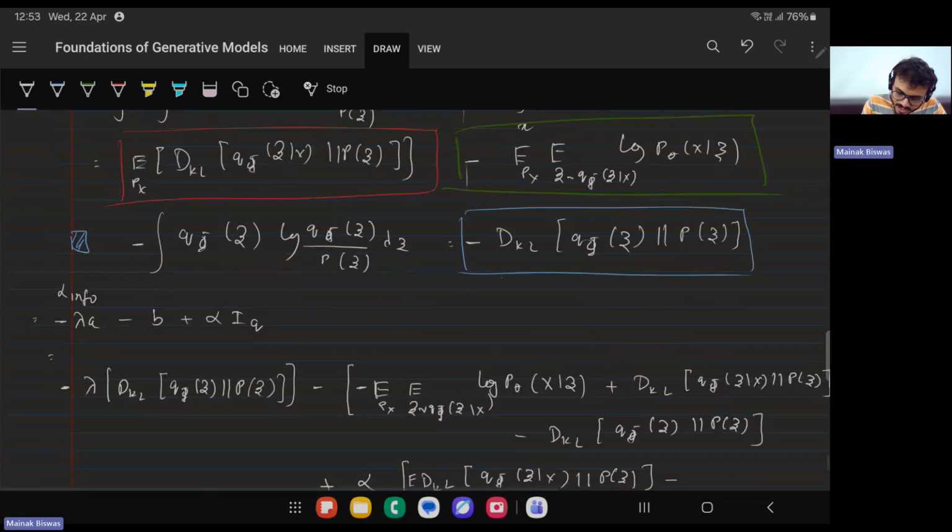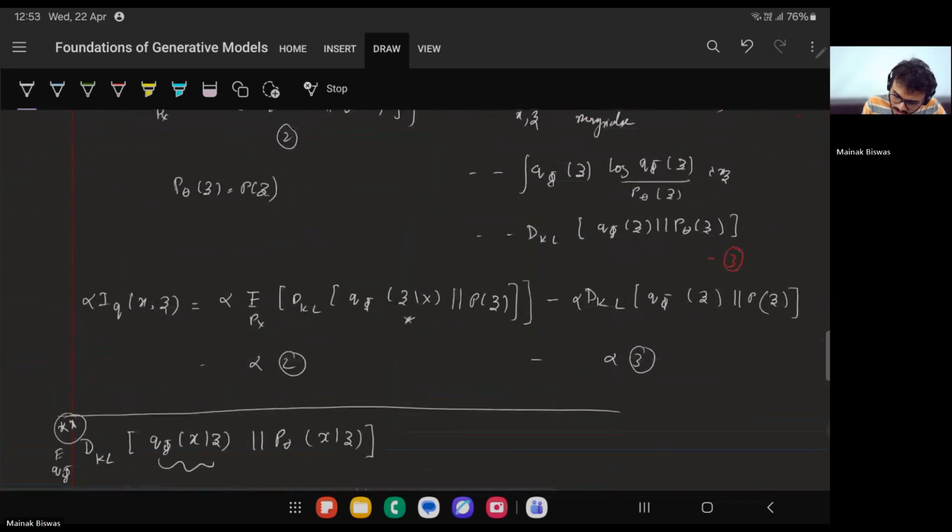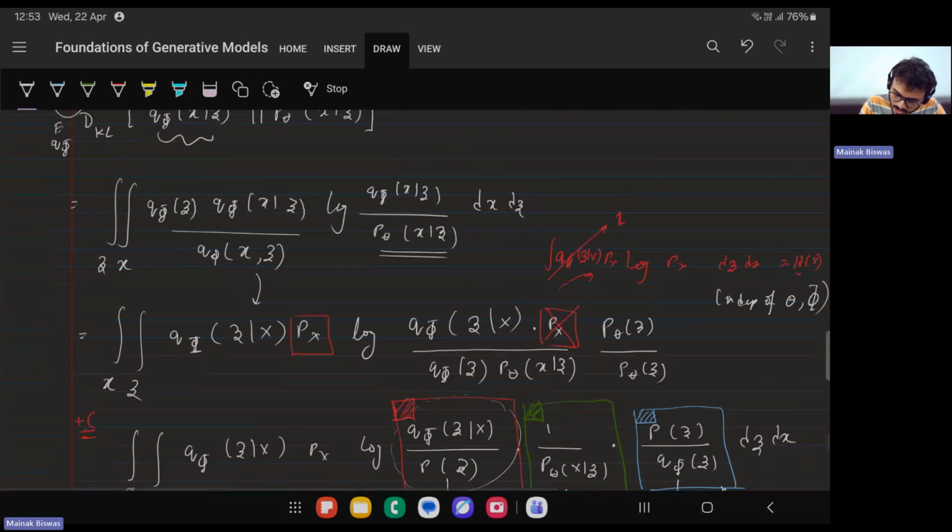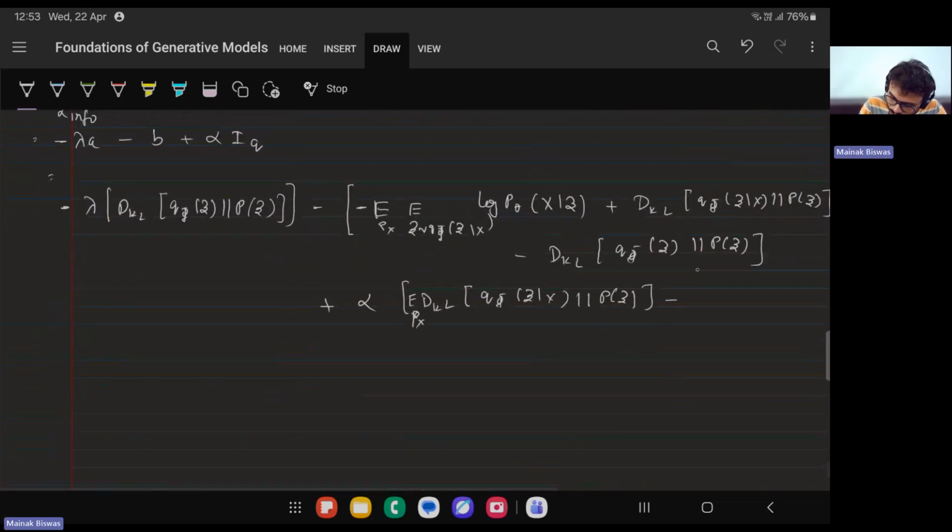Both were negative, I think. The second term is negative, the first term is positive. Okay. Negative of DKL of q phi of z given x, or rather q phi of z, sorry, and p of z.